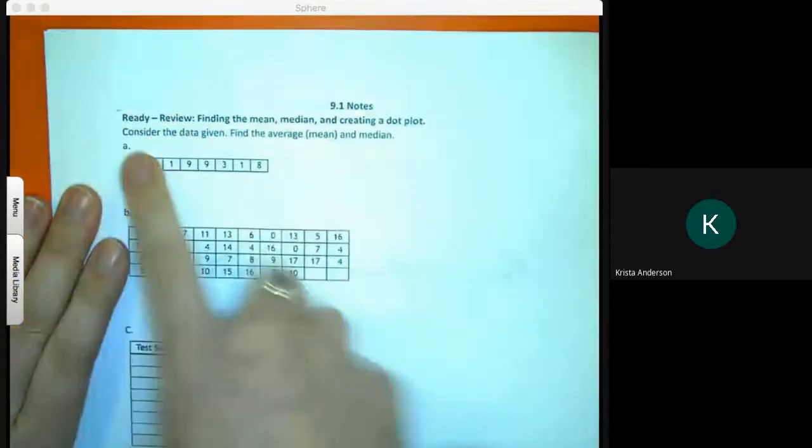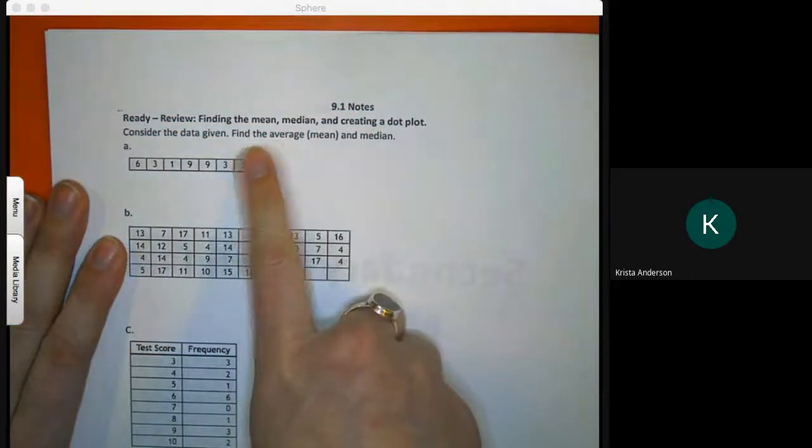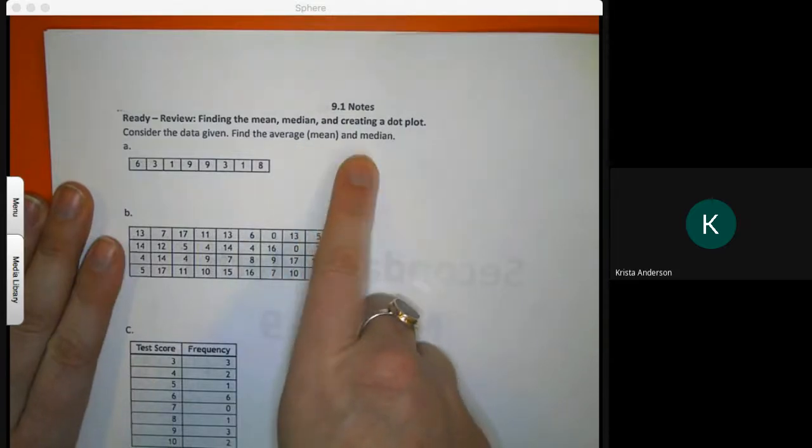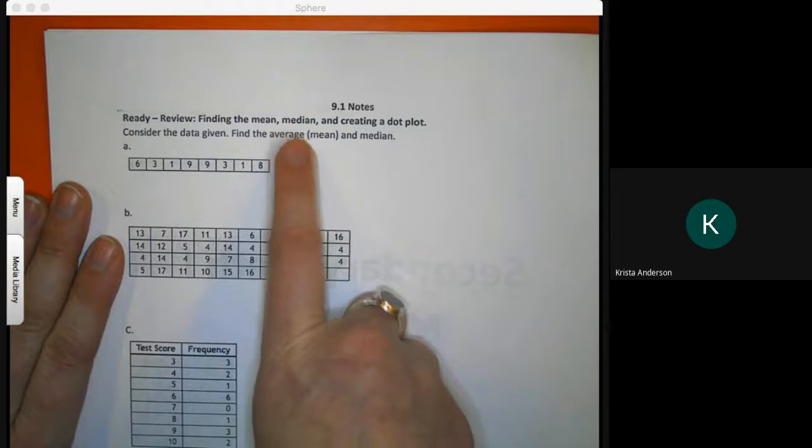So our first question in 9.1 wants us to consider the data given and find the average, the mean, and the median. The mean, the average, we have done before.